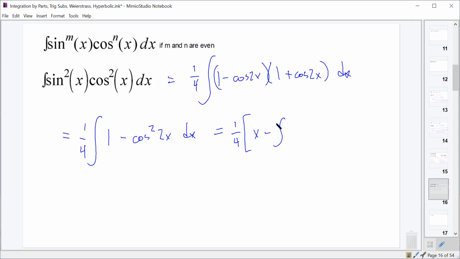That ought to be an integral of 1/2 times, exactly, power reducing again, so that'll become 1 plus cosine 4x dx. So we've now got 1/4 x, and then if we distribute the 1/4 through, we got minus 1/8, and our integral of 1 there is just x, and then we've got an integral of cosine 4x, which ought to be what?